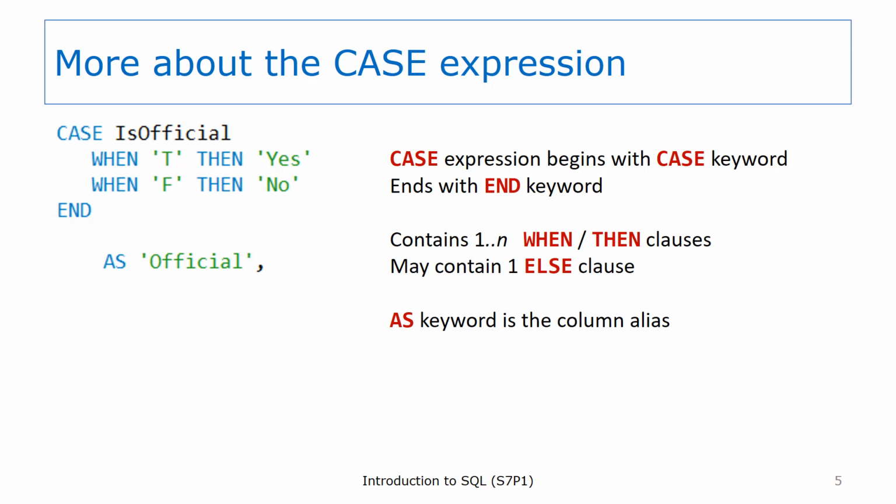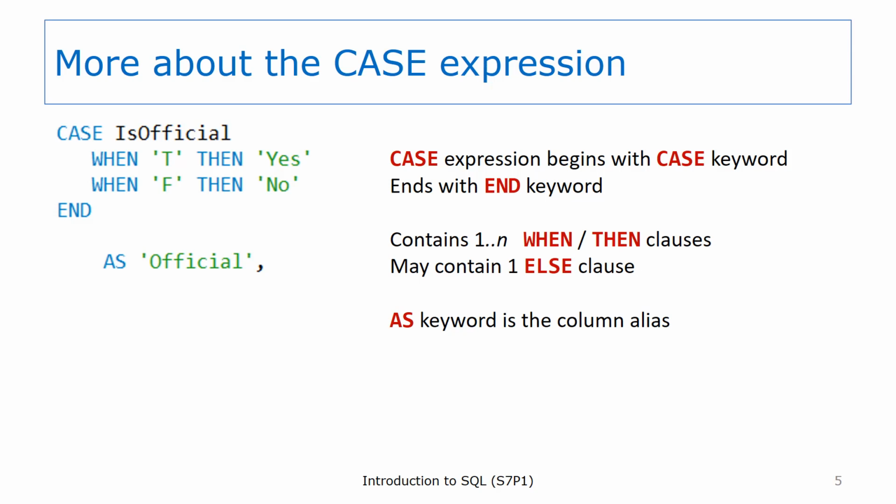In this example, it is easier to see that the value will be one or the other, either yes or no. However, if you write a very complicated case expression, you need to understand that the first when clause that evaluates to true will return the value in the then clause. After evaluating the when clause as true, the value specified in the then clause is returned and the case expression is done. Any remaining when clauses are not examined.